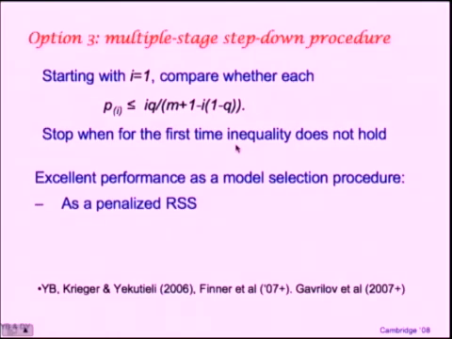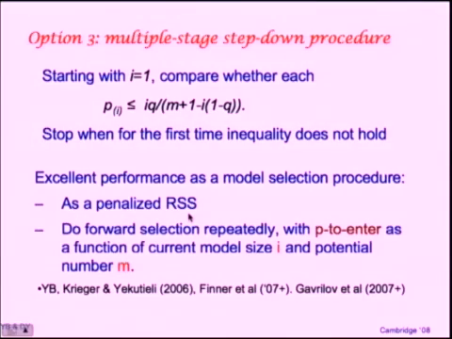This is work with Yulia Gavrilov and Sanat Sarkar. What's interesting is that this procedure has excellent performance as a model selection procedure. You can introduce this as a penalty and get penalized residual sum of squares, or you can even simply do it with your regular software. Just do forward selection repeatedly with p to enter modified.